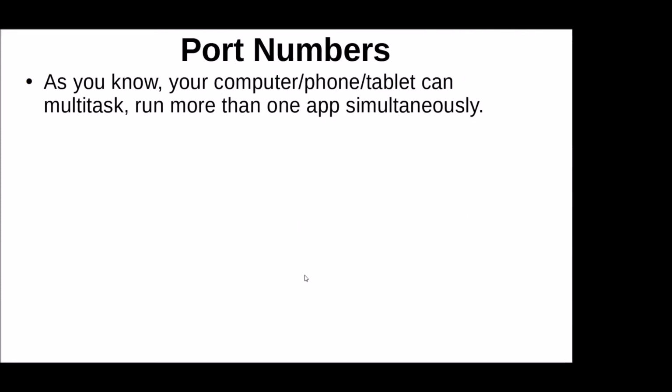All right, now we're going to talk about the role of port numbers. Your computer or phone or tablet can multitask and run more than one application simultaneously. Believe me, in the 8-bit days, when this was something I knew about at work, but it wasn't possible at home, I was extremely jealous of the work environment where I had access to a multitasking Unix computer.